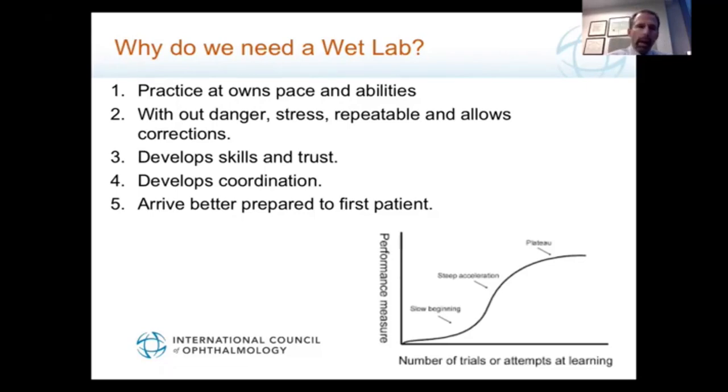Hopefully it allows the development of skills, trust, and coordination. And of course, ideally, the student arrives better prepared at the first patient. We want the students to be up here somewhere on the learning curve as opposed to down here when they start with live patients.